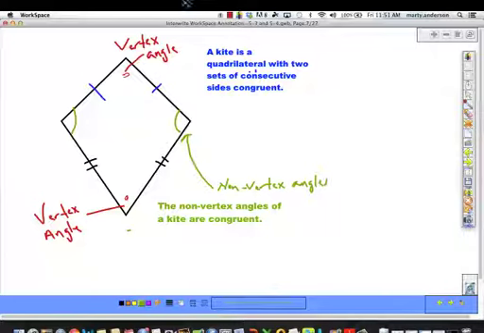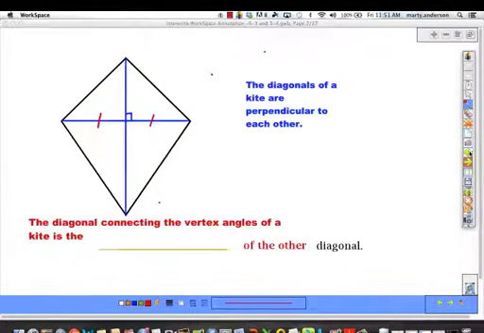One of the best ways that we can prove that those are congruent is if I was to draw a diagonal, then based on what we learned last chapter, I've got a shared side, and I have this triangle over here congruent to this triangle by side, side, side. CPCTC would tell me that those two angles are congruent. So the non-vertex angles are congruent. That will be important as we move through the notes.